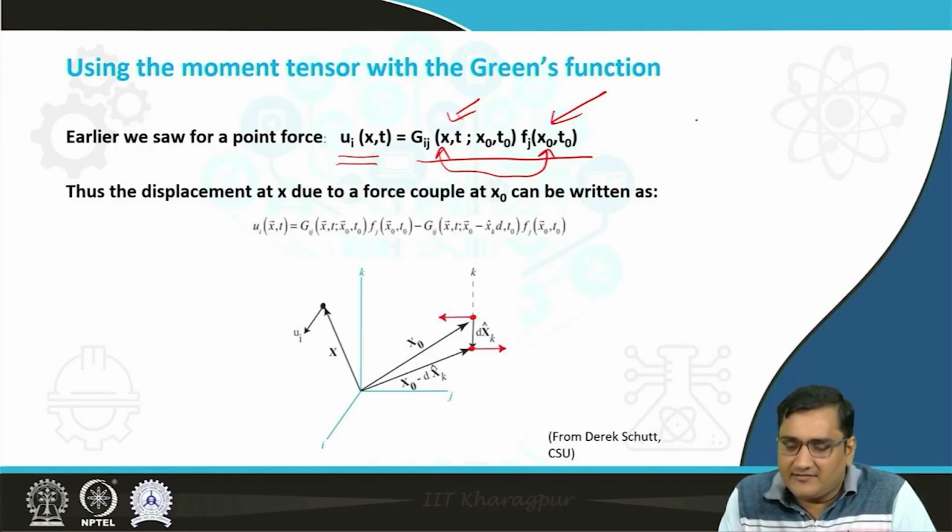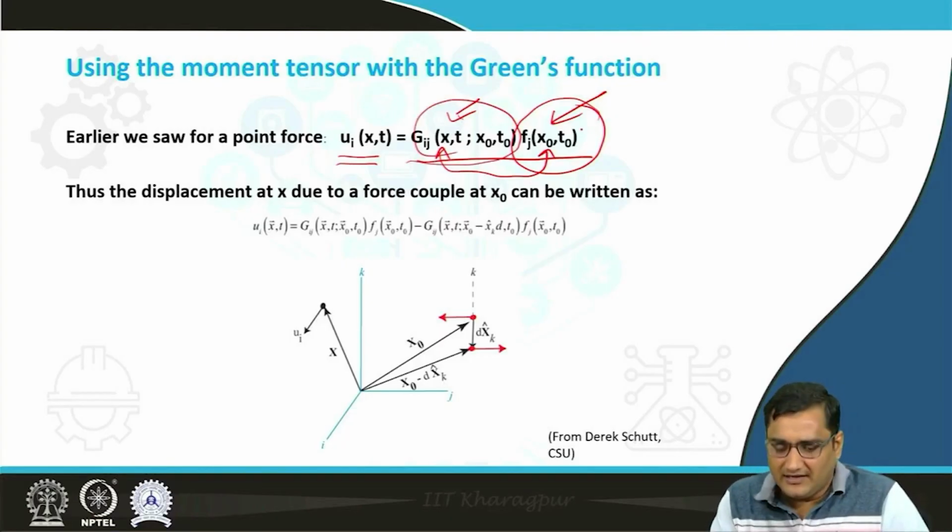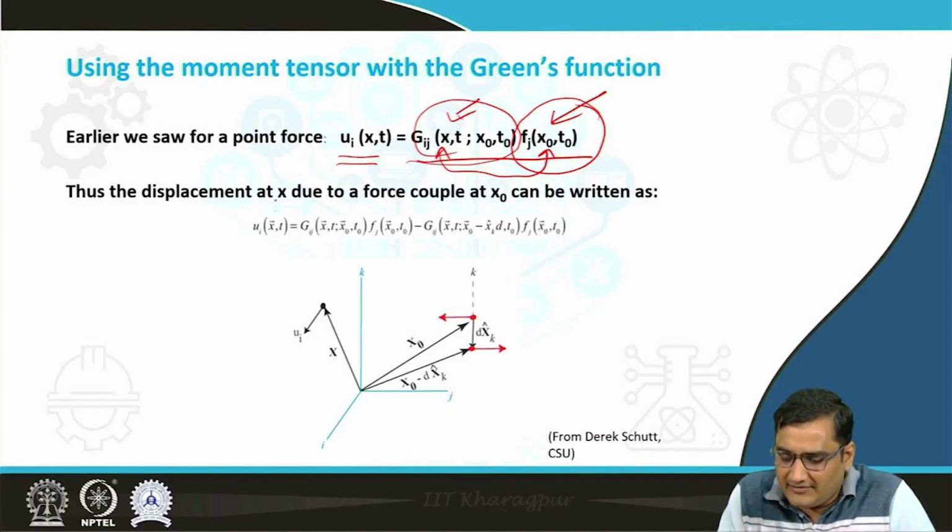And if there are a number of forces acting, then in the summation form this can be summed up together, and the path effect will also be summed up together, and then we can have the product of both. Thus, the displacement at x due to a force couple at x0 can be written as something like this.